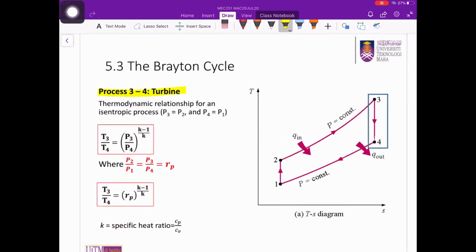For process 3 to 4, turbine, similar to the compressor, the turbine also works isentropically. But before that, let's have a look at the pressure ratio Rp introduced previously. Pressure ratio Rp is equal to P2 over P1. We know that pressure at state 3 is equal to pressure at state 2, and pressure at state 1 is equal to the pressure at state 4.